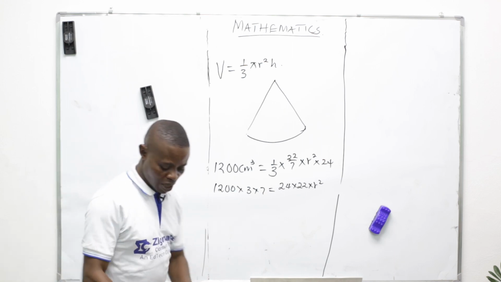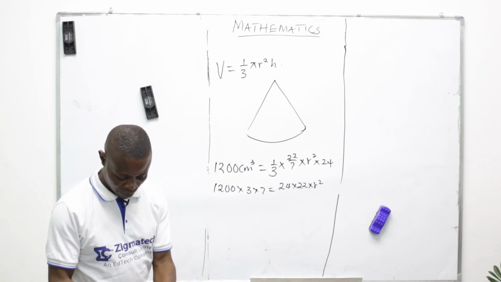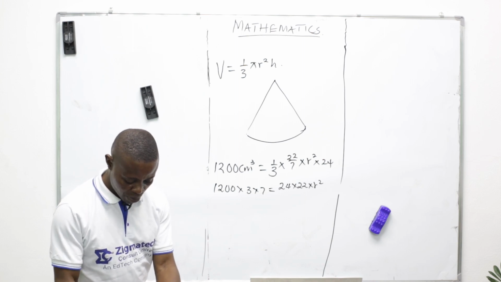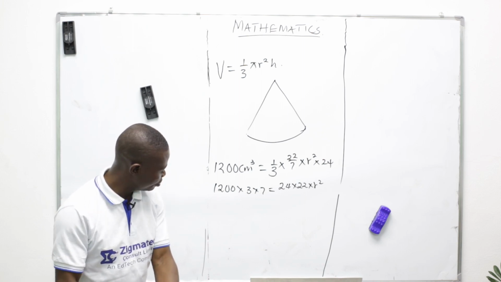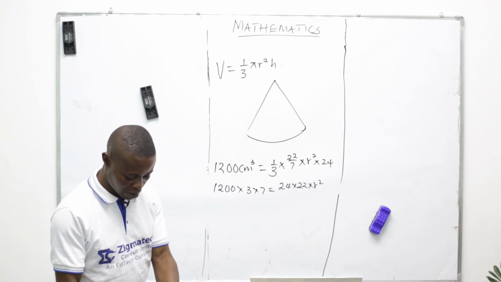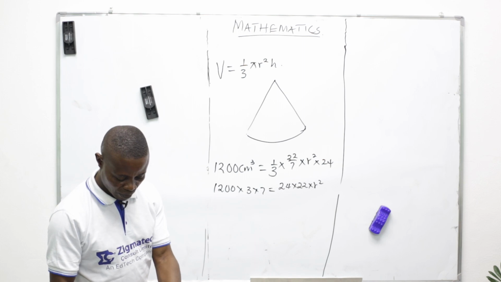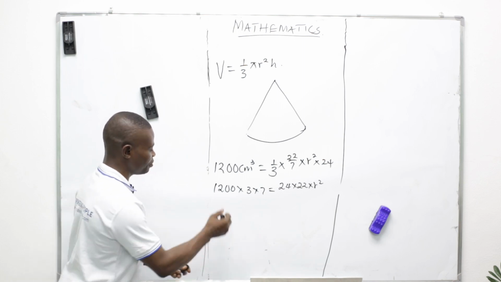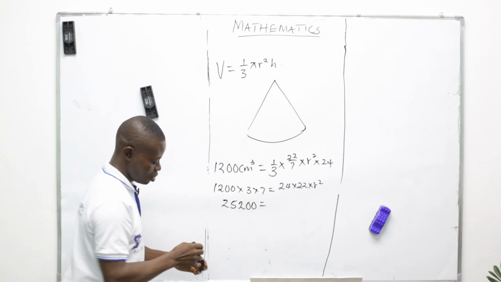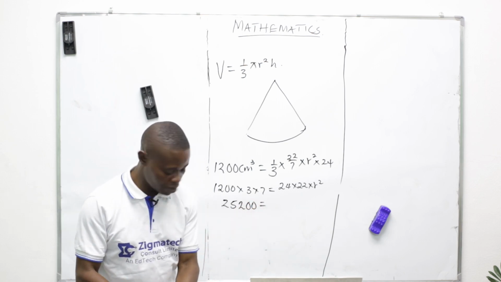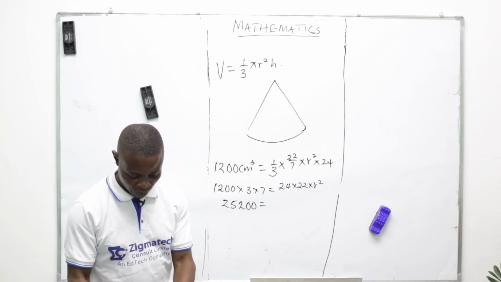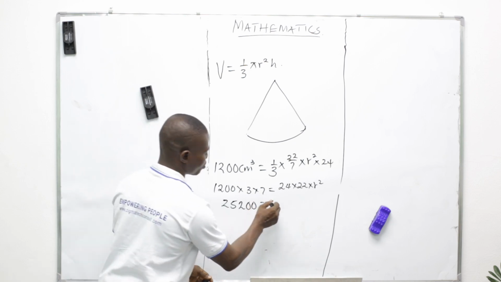Now let us multiply everything here to generate solution to the problem given to us. I have 1,200 multiplied by 3 times 7, 25,200, equals 24 times 22, 528 r squared.